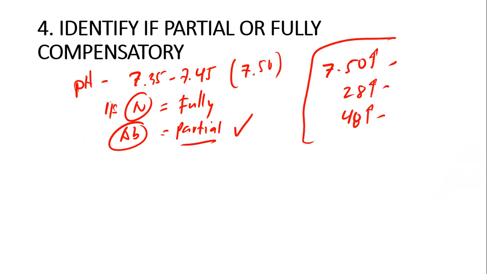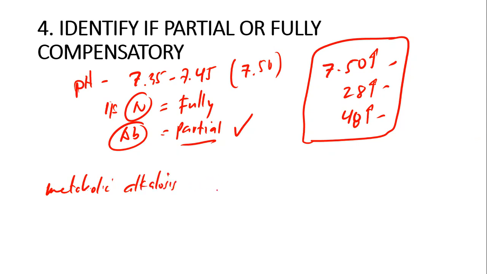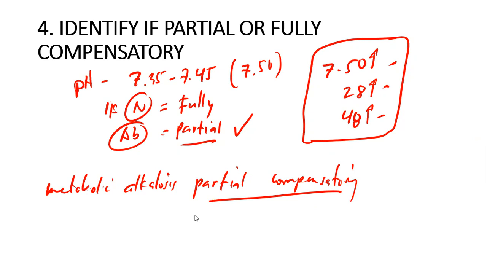So for this result, your answer would be metabolic alkalosis, partial compensatory, or any way that you want to write it down. But mostly it's written like this: metabolic alkalosis, partial compensatory.